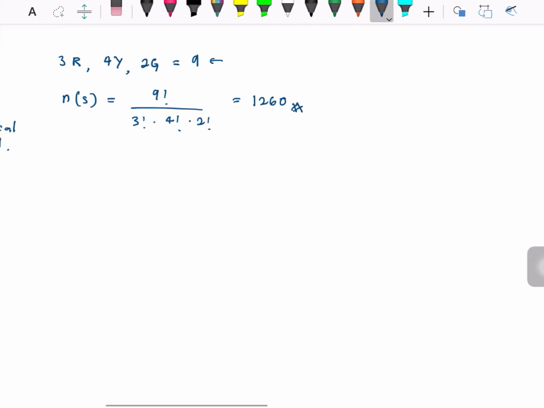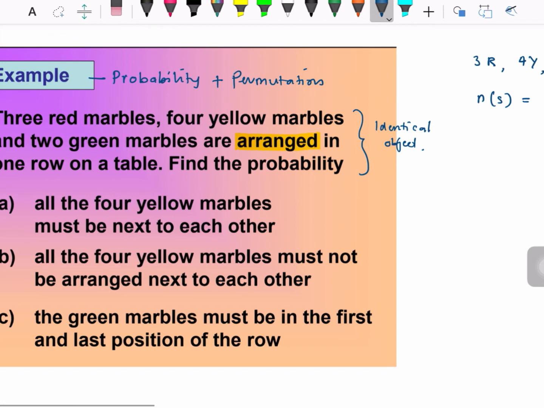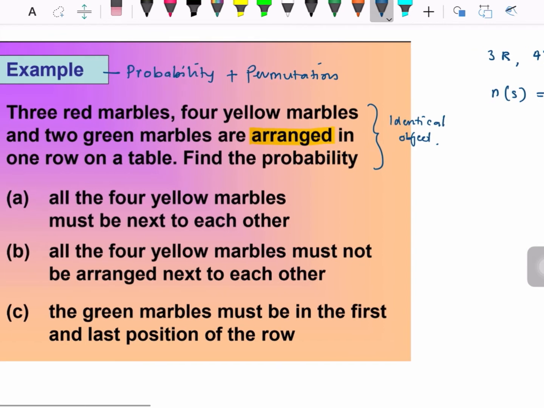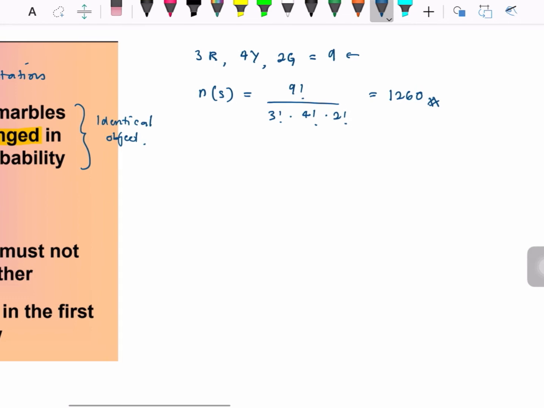Then in order to answer A, we are going to find the probability that all the 4 yellow marbles must be next to each other. To illustrate this problem, let me draw these places first. We have 9 marbles to be arranged, 1 2 3 4 5 6 7 8 9.